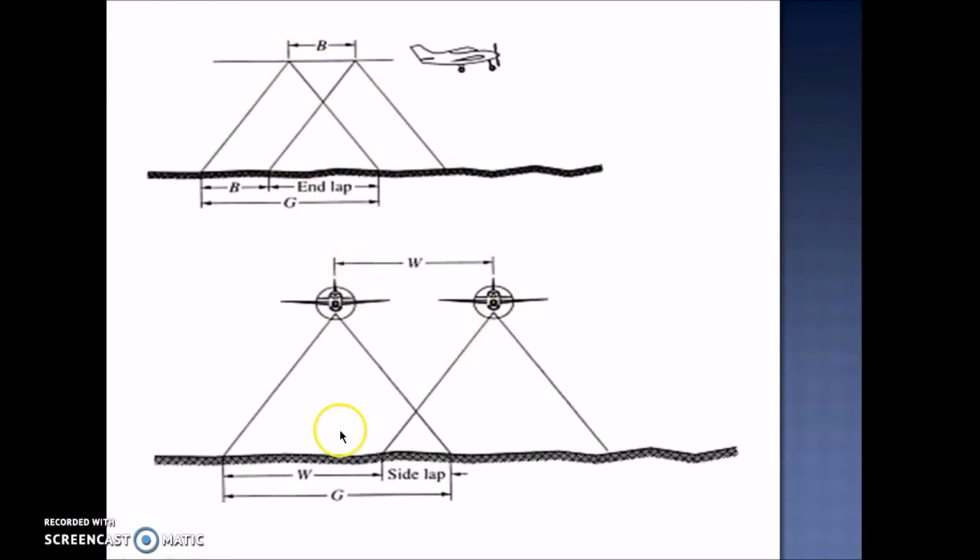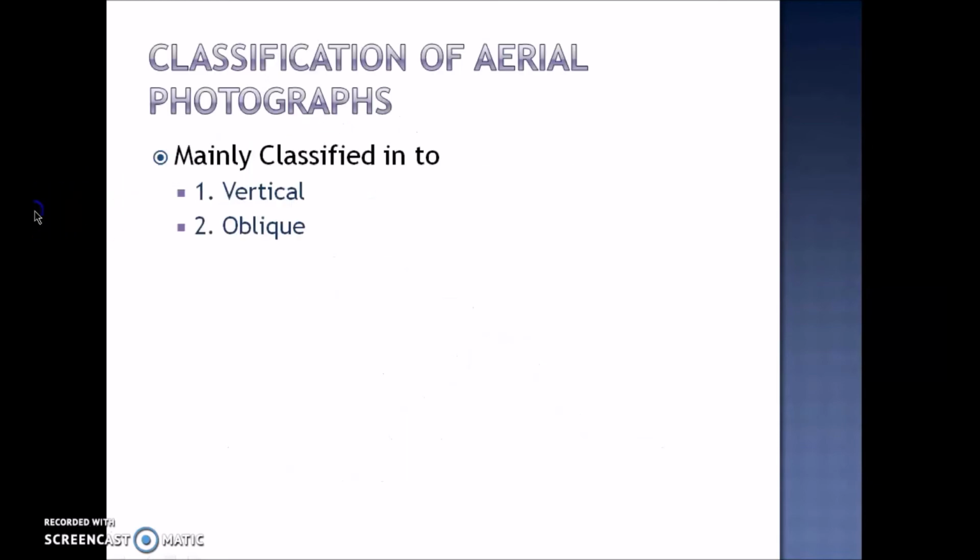If there are two cameras taking side by side photographs, then that gap is called side lap. If a single camera is taking two consecutive photographs, that we consider as end lap. In this particular end lap, the lap that should be maintained is 30%. Sorry, 60% minimum.